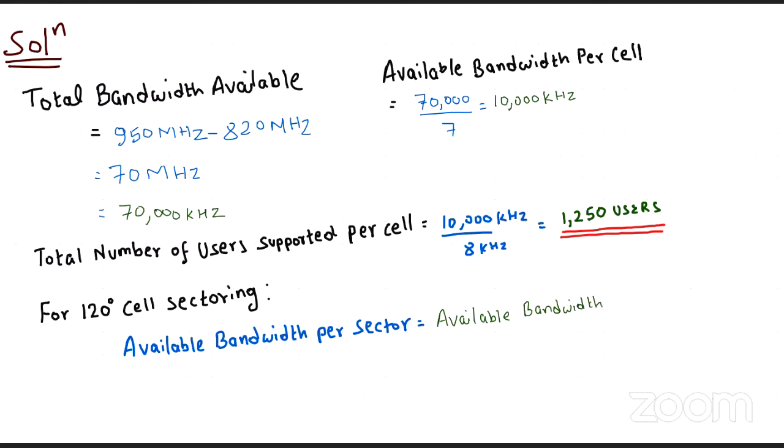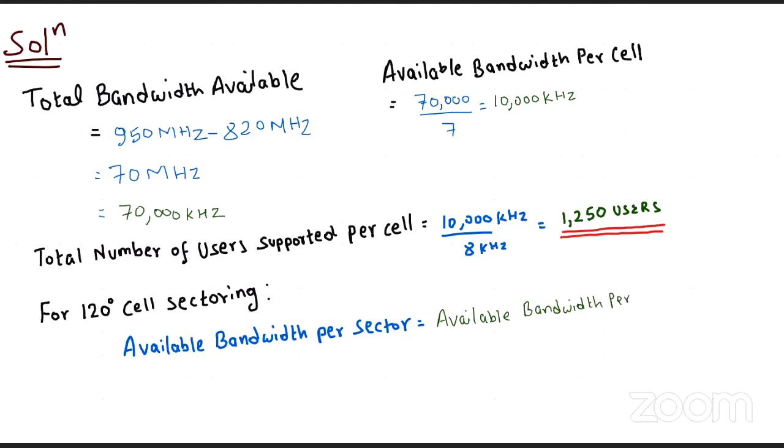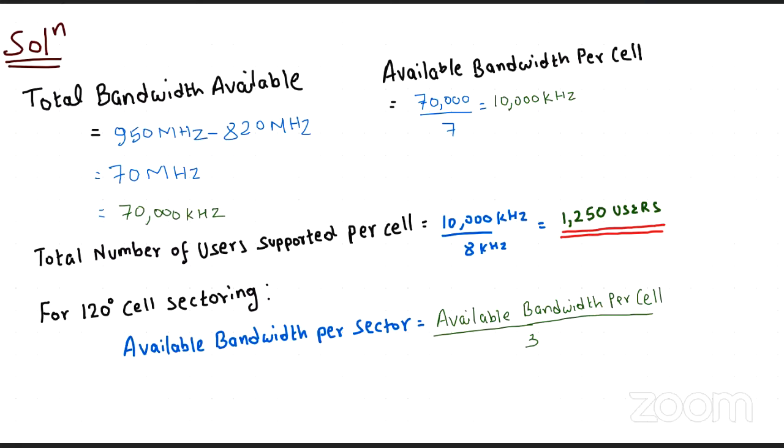Sir, that time we got 15,000. That is wrong. You misinterpreted it: it is the total bandwidth available. You took the average of it, but you have to take the difference of it, 70 megahertz.